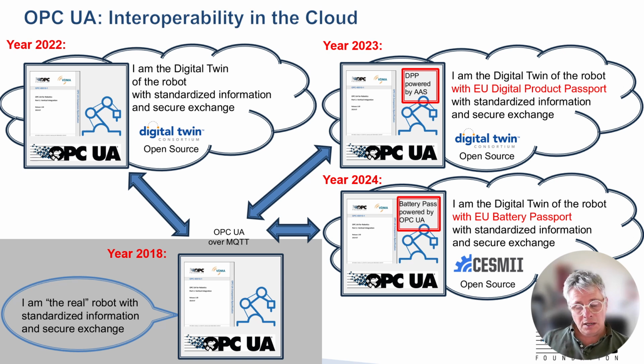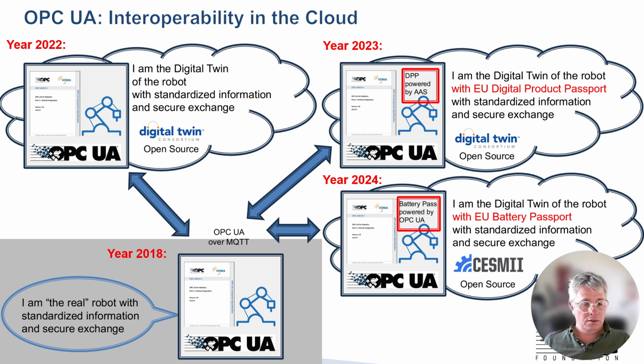So when did we start with building these digital product passports? Well, it kind of started in 2022 when the OPC Foundation worked with the Digital Twin Consortium in the US and built a digital twin leveraging the robotics companion spec specifically, and that was a joint effort between the OPC Foundation and the Digital Twin Consortium.